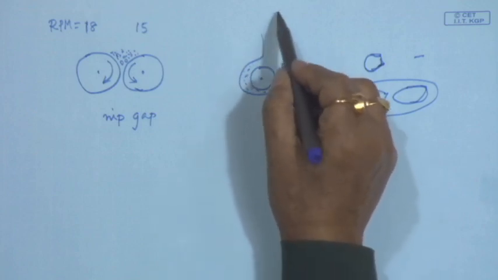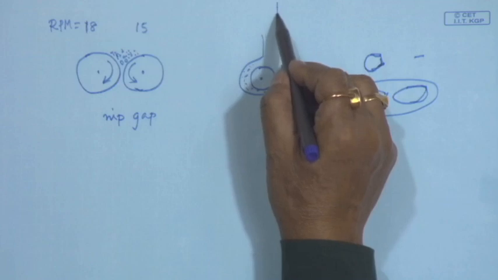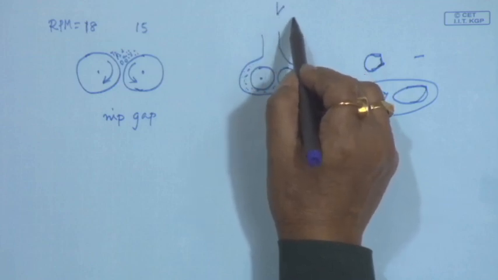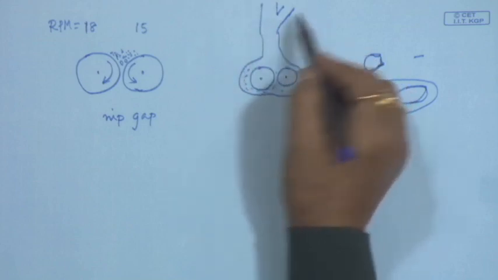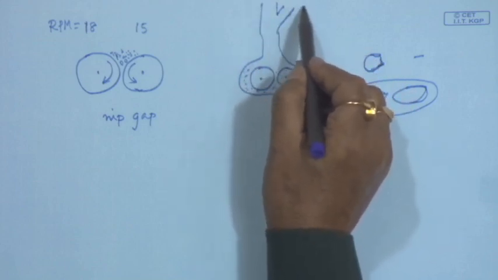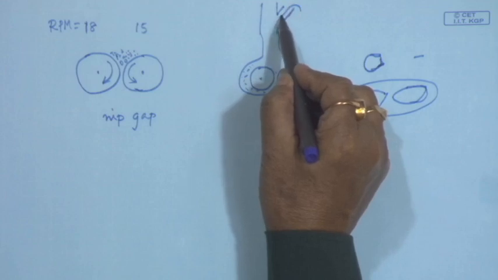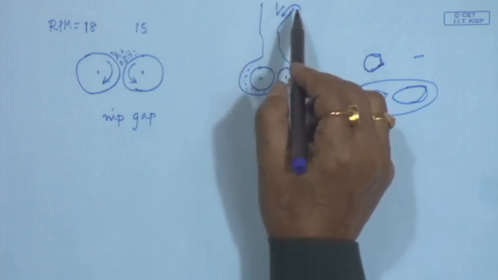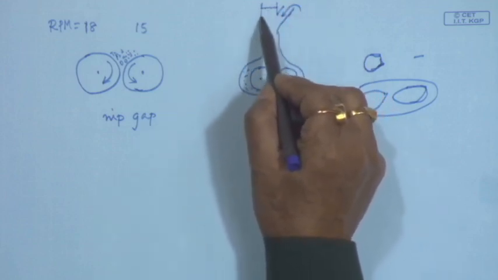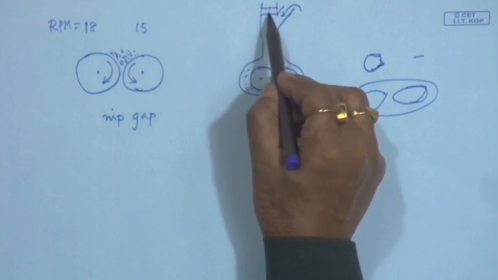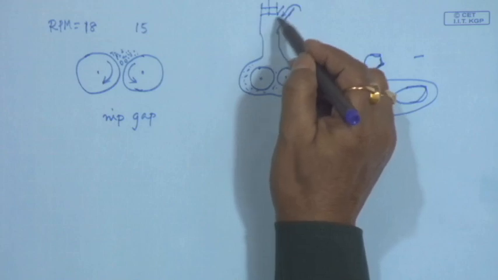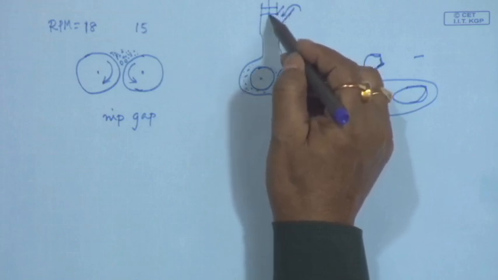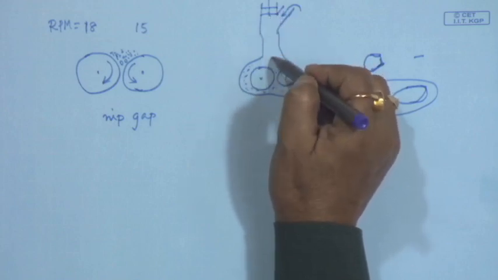Now, the polymer can be inserted through this hopper, and there can be a ram which can be moved up and down this way to carry this material from the hopper into this zone.